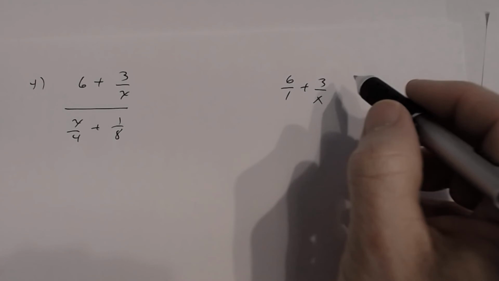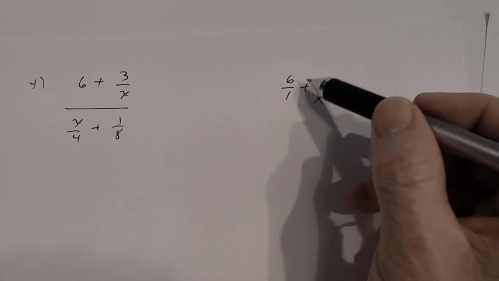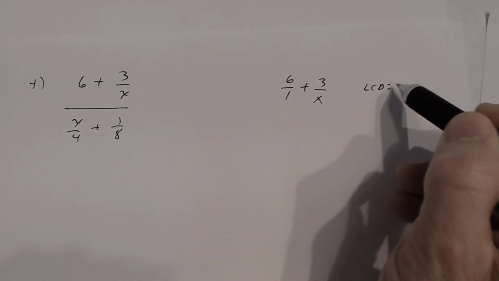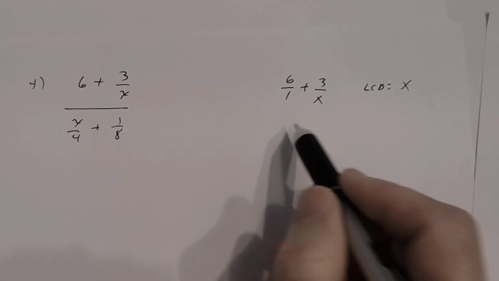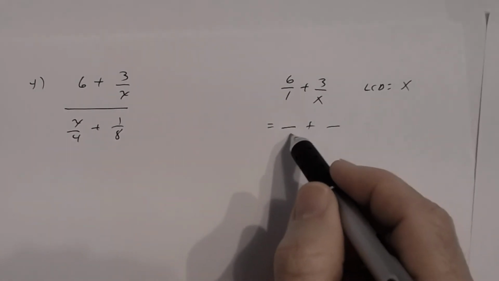You have to find the LCD, because in order to add or subtract two fractions, you have to have the same denominator. So the LCD here is just x, and I'm going to write two rational expressions with that denominator.